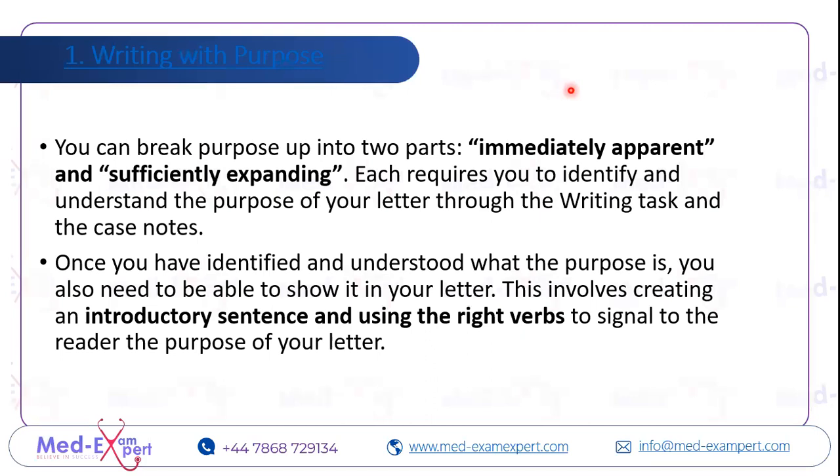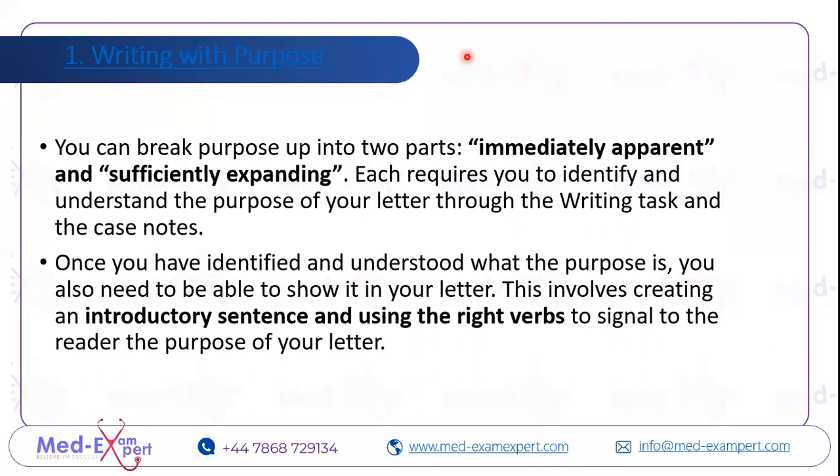The first category, the most important category, as I mentioned before as well, is the purpose. Your purpose should be very clear in your introduction as well as your conclusion. You can split your purpose into two parts: immediately apparent and sufficiently expanding. What does this mean? Immediately apparent means immediately clear in your introduction.